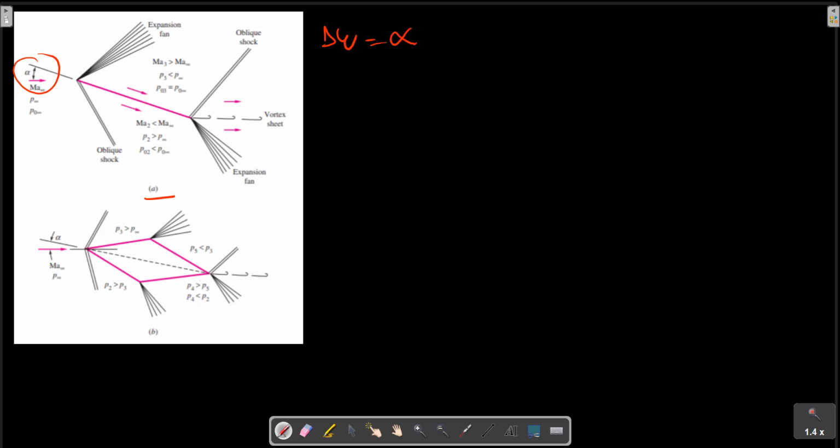We can compute p with expansion theory and p second with the oblique shock theory.